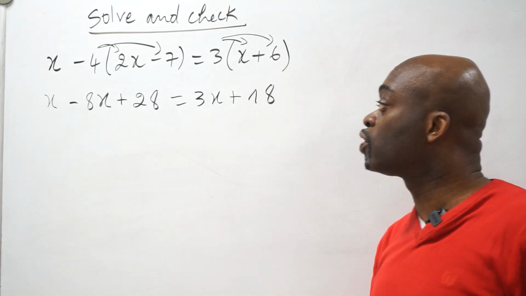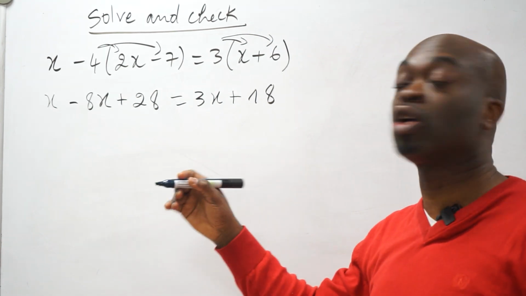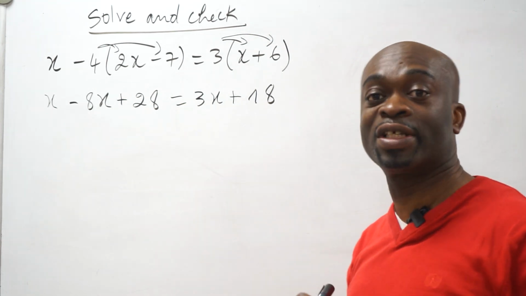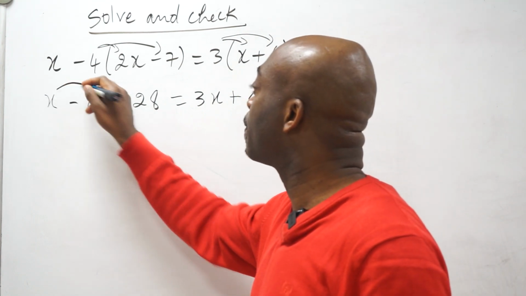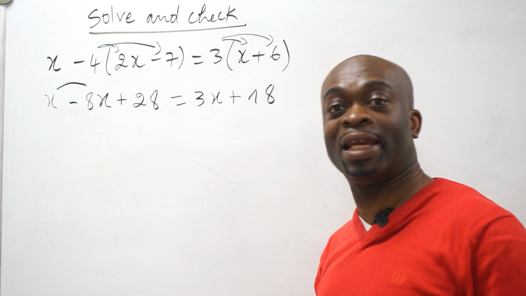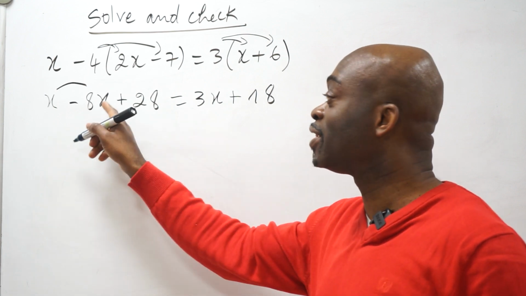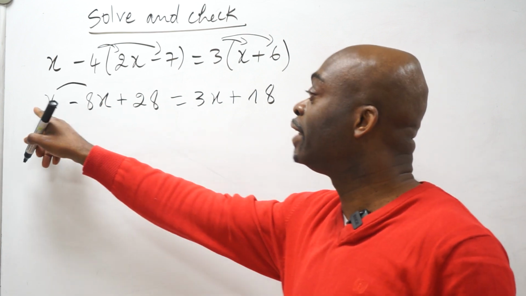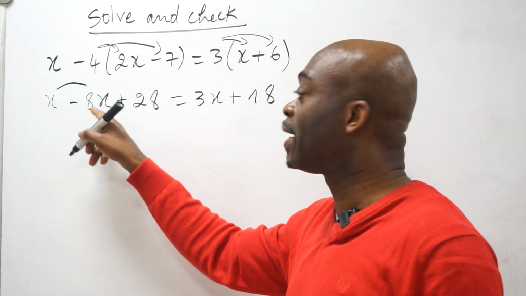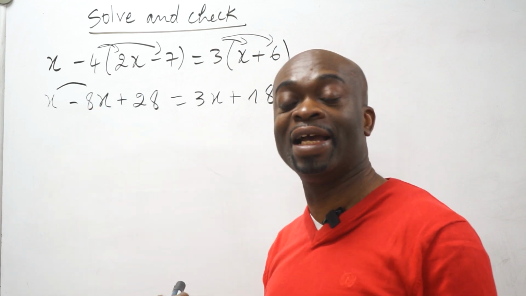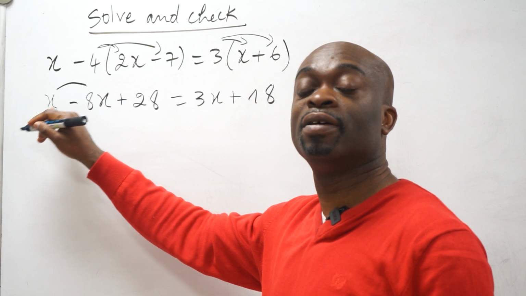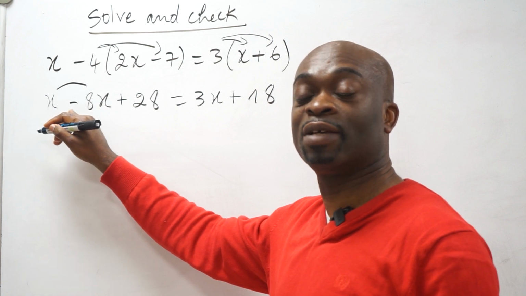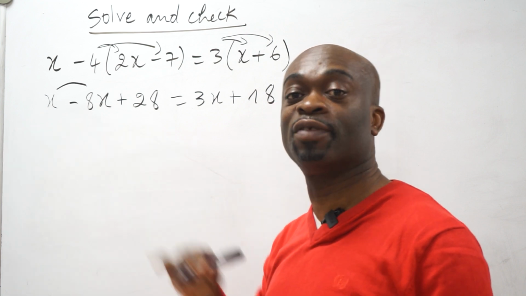All right? Once we do that, we're going to combine like terms on the different sides, if there are like terms. So x and minus 8x are like terms because they came from the same family, the x family, right? And this one is 1x. 1x minus 8x is going to give us negative 7x, because one is negative, the other is positive, so you subtract and keep the sign of the highest number.